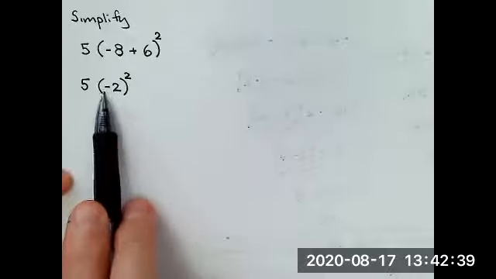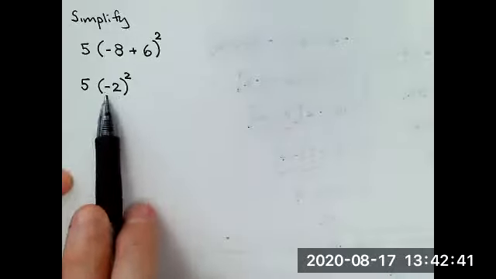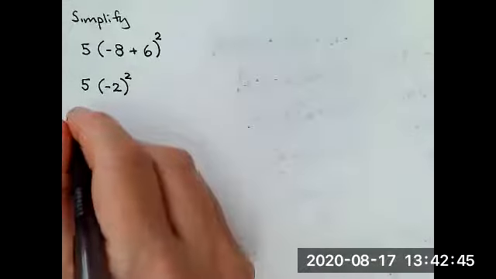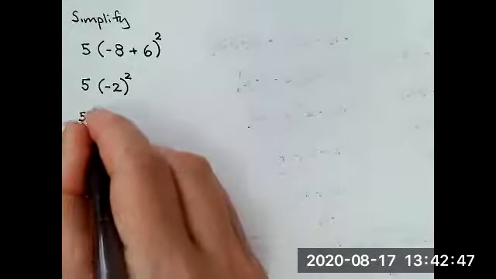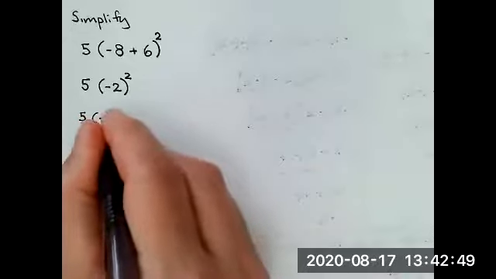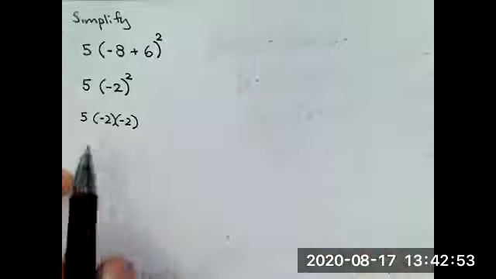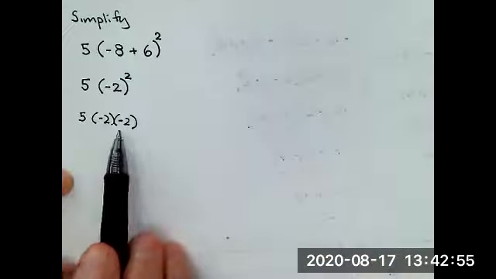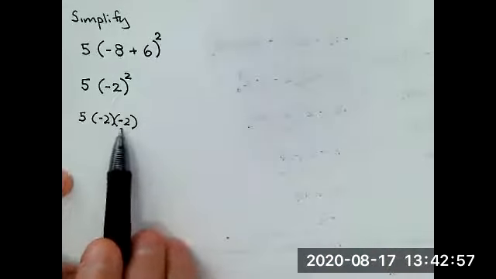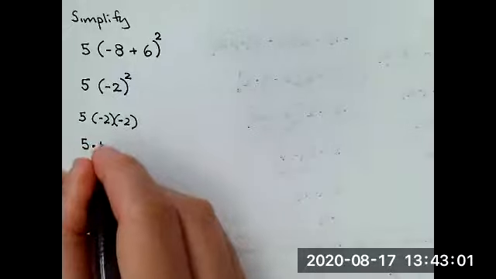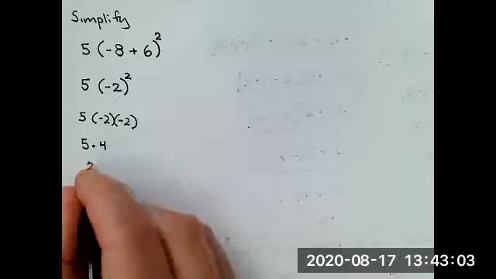And because the negative is inside the parentheses, that negative gets repeated. So this is 5 times -2 times -2. That's a negative times a negative, so that'll be +4, which is 20.